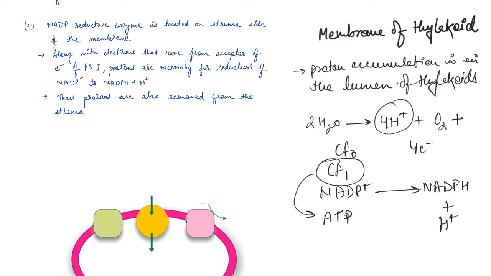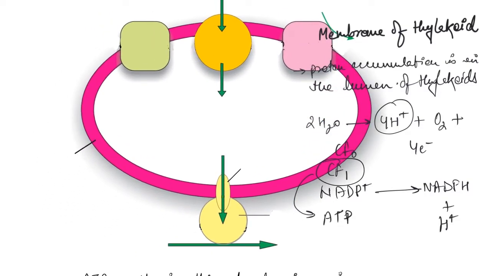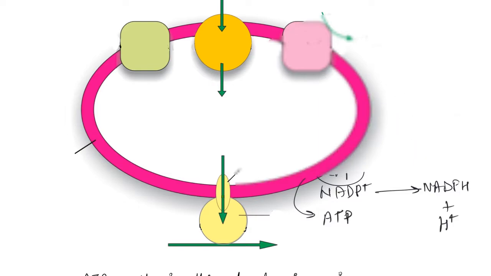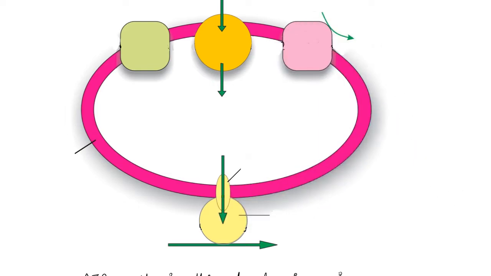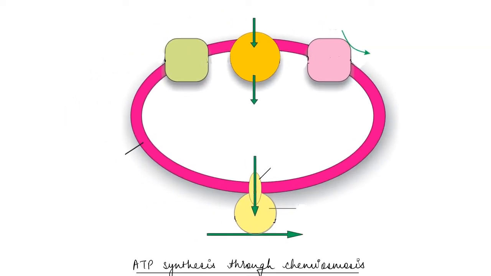So we will see this complete reaction through this flow chart as well. Let's see this flow chart once. Now let's assume that this is the thylakoid membrane.